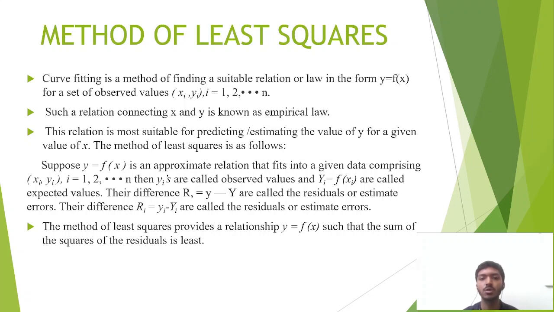Then small yi is called the observed values. And then suppose there is another function capital Yi = f(xi), then that is called the expected values. R = y - Y are called residuals, or the approximate errors.